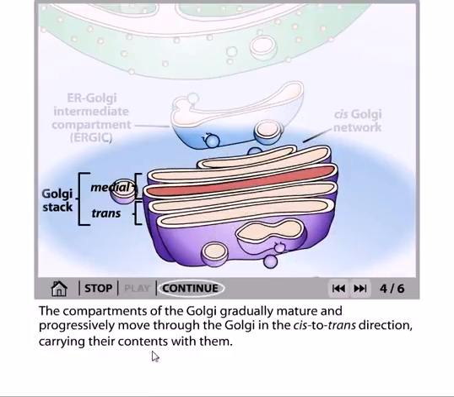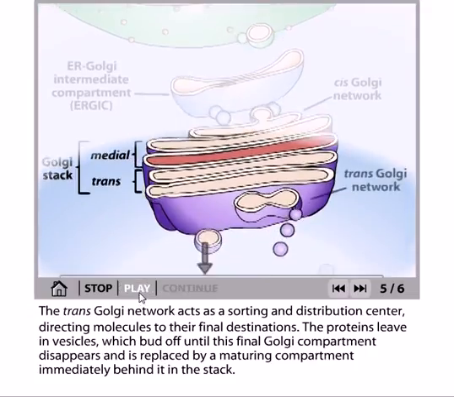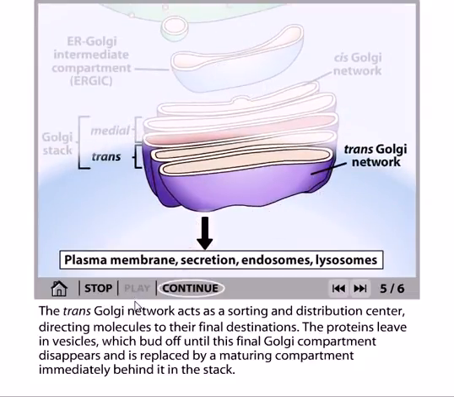So that's how the process works. Now the trans Golgi network acts as a sorting and distribution center, directing the molecules to their final destinations like the plasma membrane, secretion, endosomes, lysosomes, and so on. The proteins leave in vesicles, which bud off until the final Golgi compartment disappears and is replaced by a maturing compartment immediately behind it in the stack.